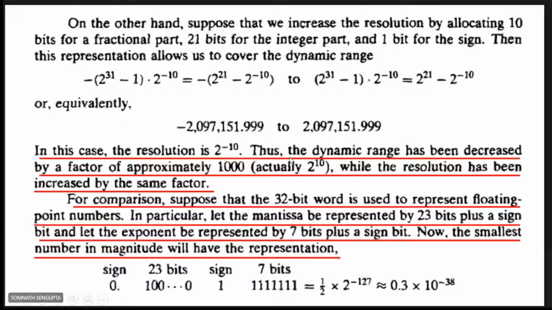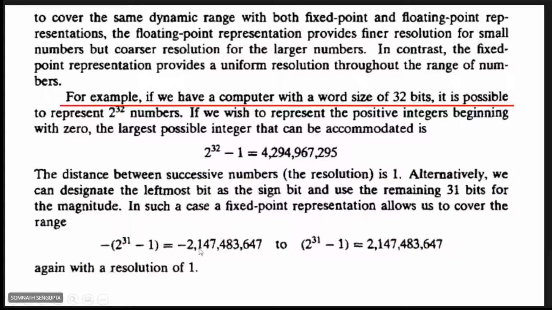But in the case of fractional numbers, the resolution has been increased by this factor, 2 to the power minus 10. But dynamic range is decreased. Earlier dynamic range was this one minus this one.